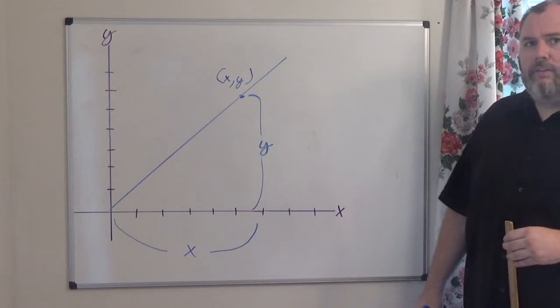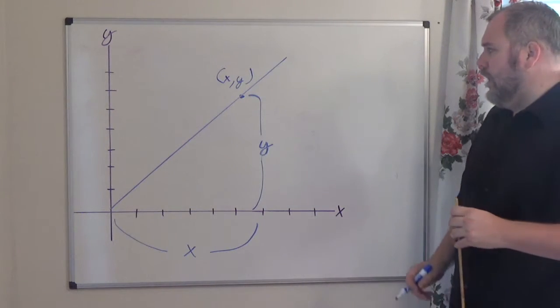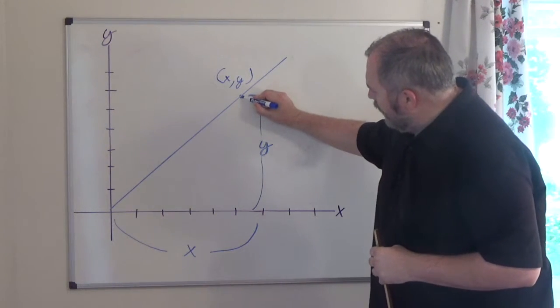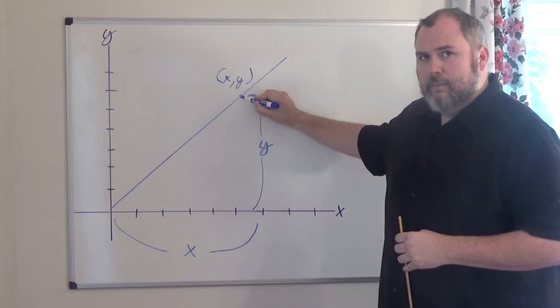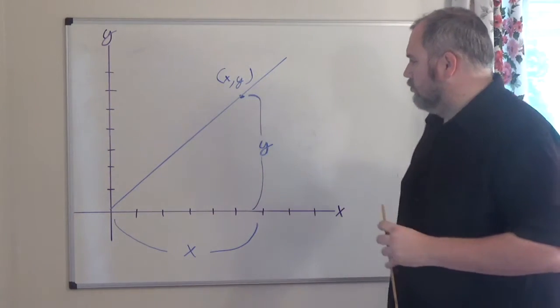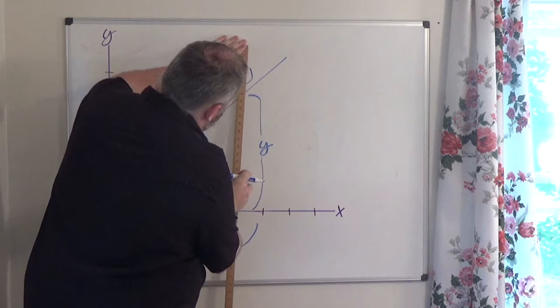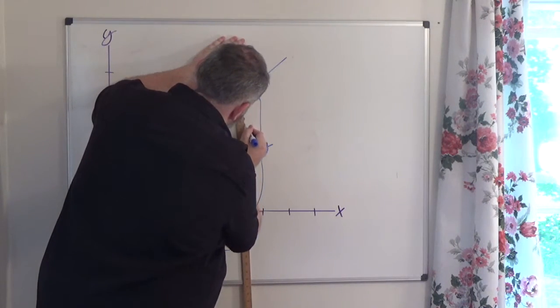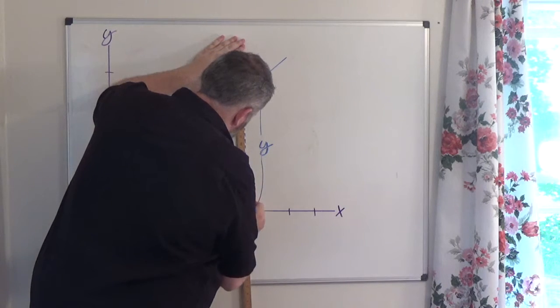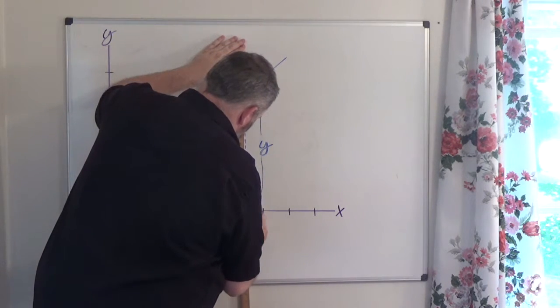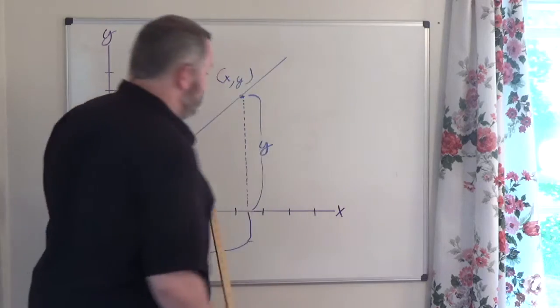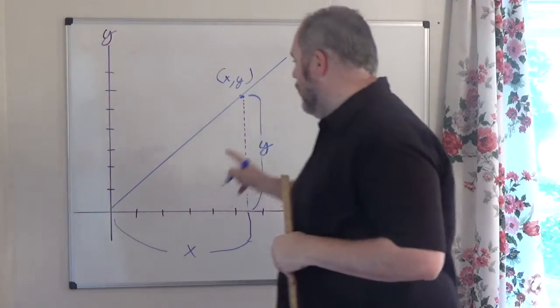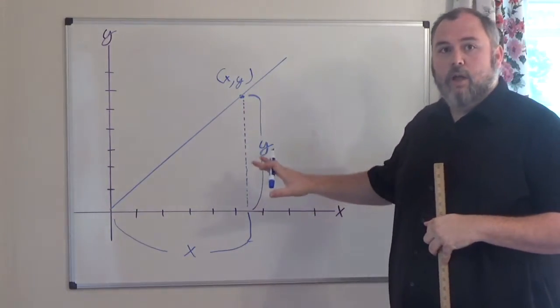Well, there's some other things that we can notice about this. Let's say, for instance, we drew a vertical line straight down from our point. Alright, so we have a vertical line that we have drawn straight down from our point.